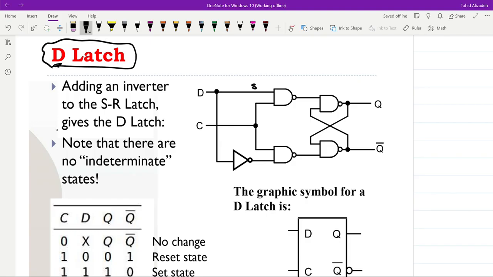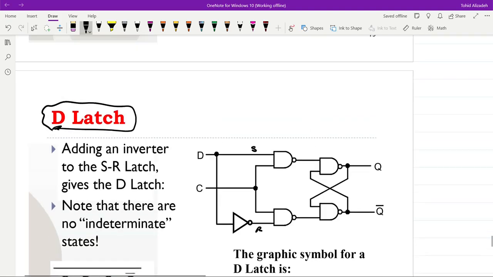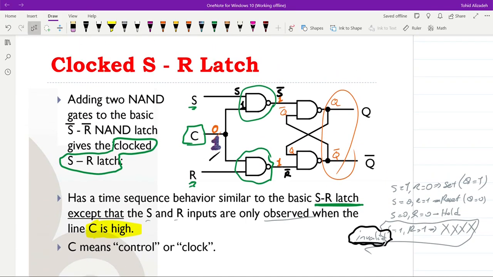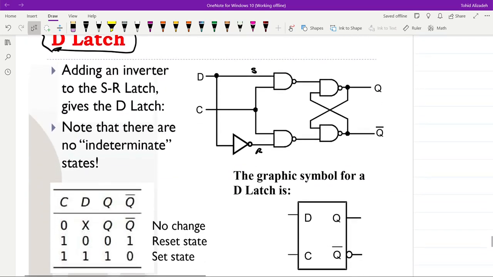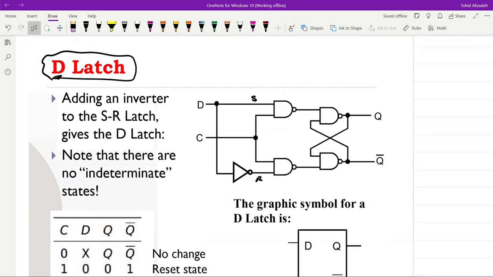You can assume that here we had S and R, similar to the clocked SR latch. But now there is a relation between S and R. You can see that R is equal to not S. So the case of 1, 1 will never happen. So an inverter is added to the SR latch, and it gives us now the D latch.